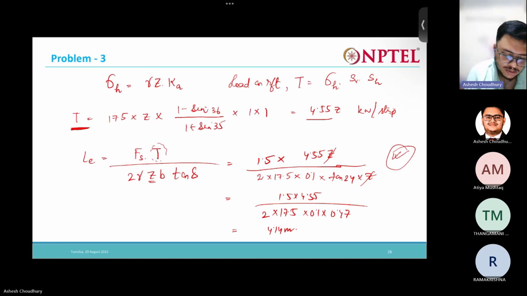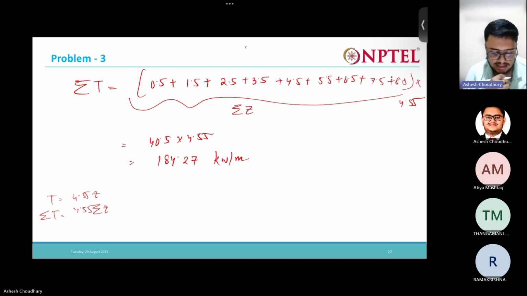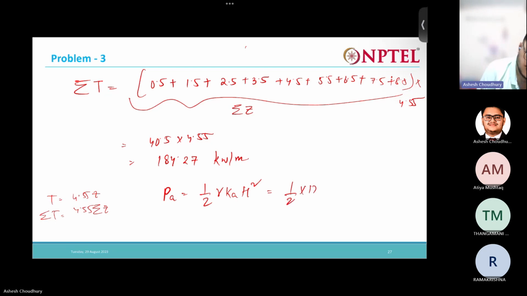So this is the tension per strip. In all the strips, this is the total tension, the tensile load that is taken by all of the strips. And let us calculate PA. PA is half K gamma H square. So half into 17.5 into 9 square into K, which is 2.26.